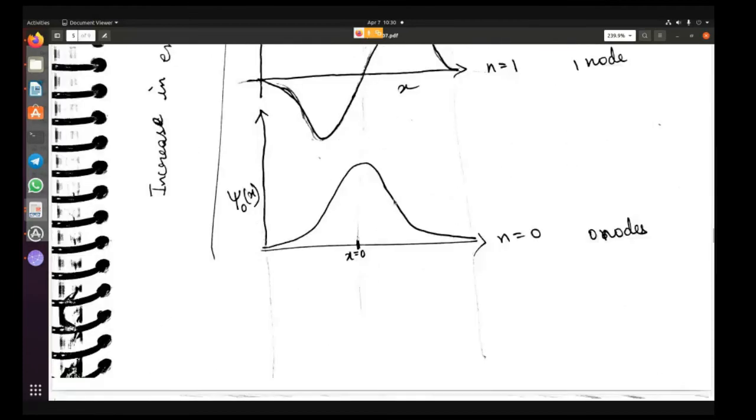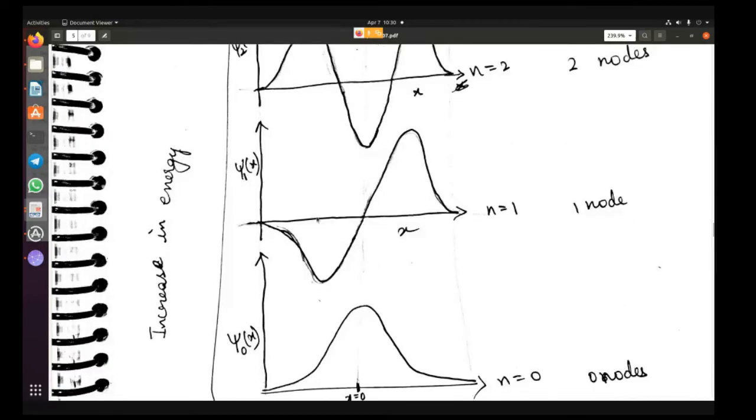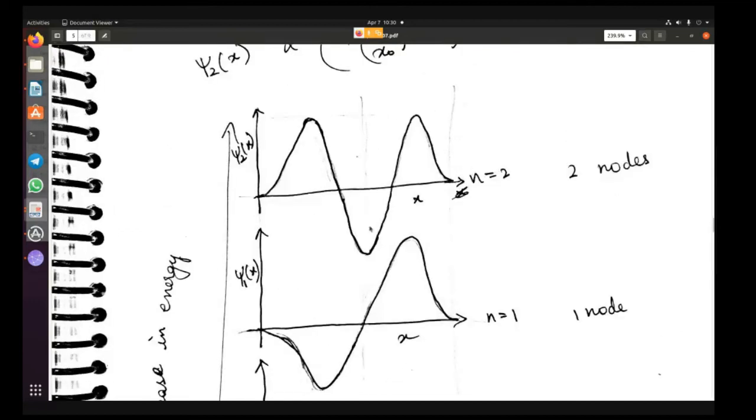Psi 1 of x is a linear term x multiplied with a Gaussian function, x into e power minus x square, so it is this kind of a function. And psi 2 of x is this kind of a function.